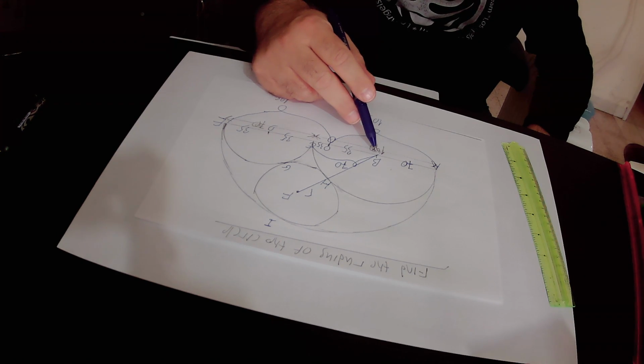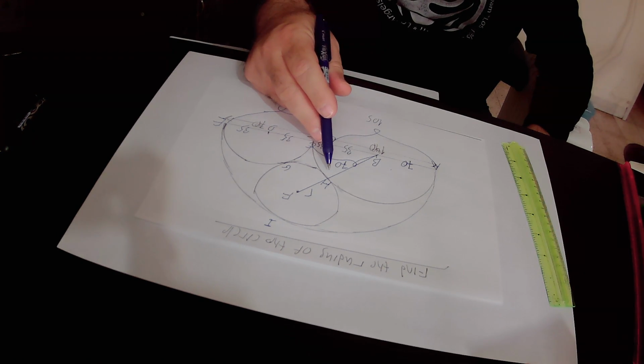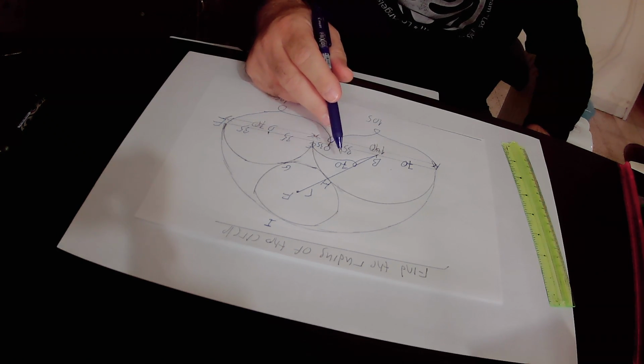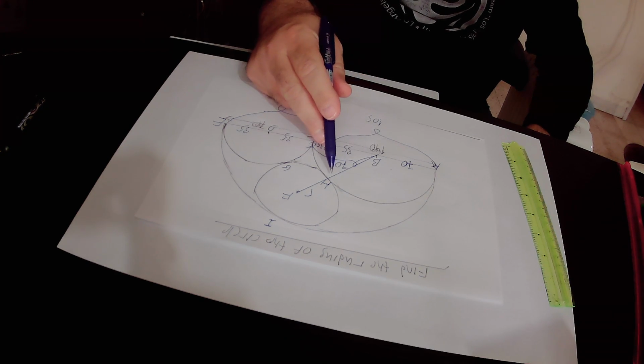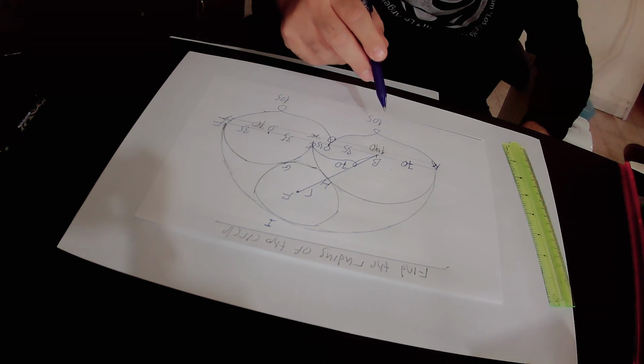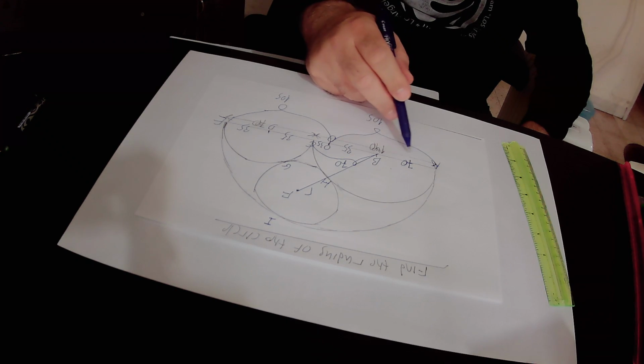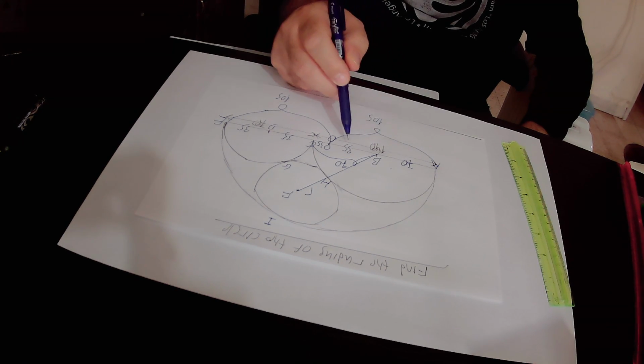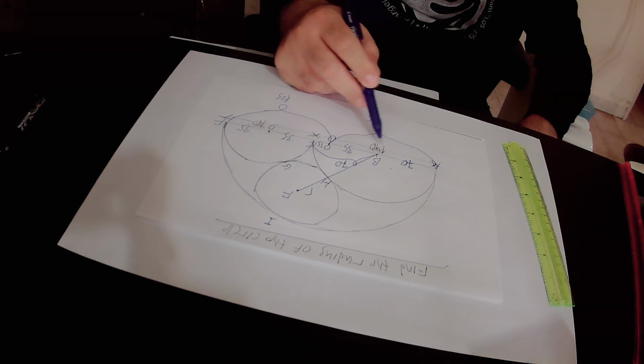B is the center of this semicircle. H is the point on the semicircle itself. So BH is the radius of this semicircle, and we already found out that the radius of this semicircle equals 70 units.